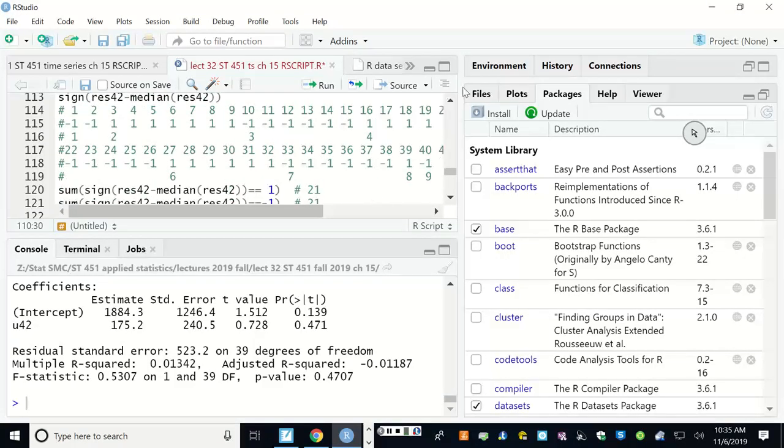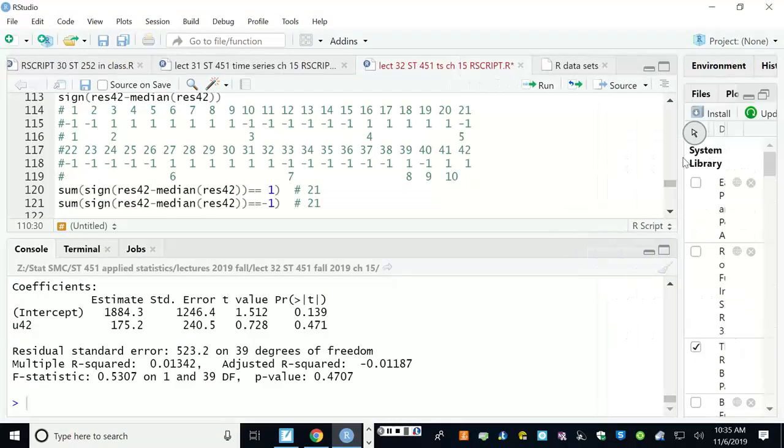Where do they get the number of runs? Well, if you look at the data, there's a sign command in R which returns +1 for positive values and -1 for negative. So here are the 42 time periods, and the negative ones are the signs of the residuals. So the first couple of residuals end up being negative. We'll do a plot shortly.